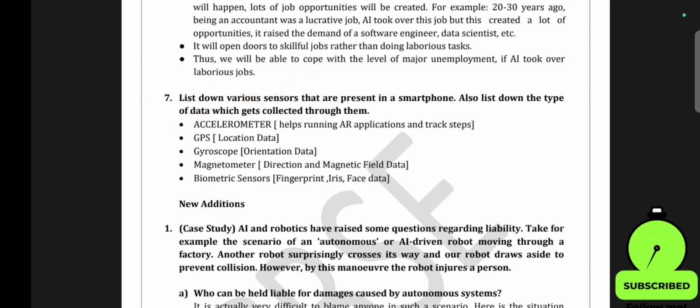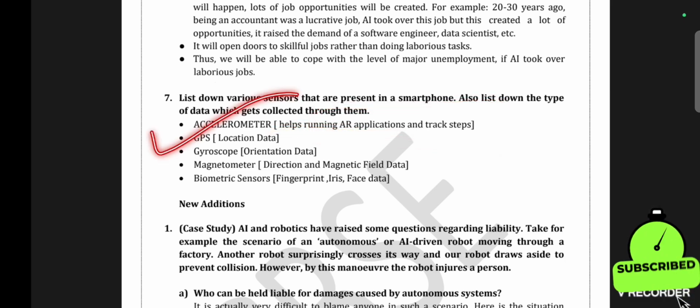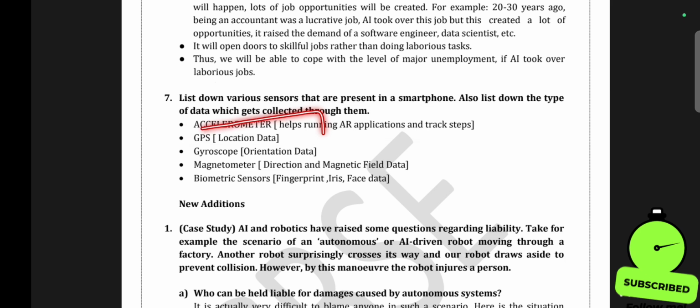First is accelerometer, helps running AR applications and track steps. Second is GPS, location and data tracking. Then is gyroscope, orientation data. When you orient your phone, at that time this data is collected.